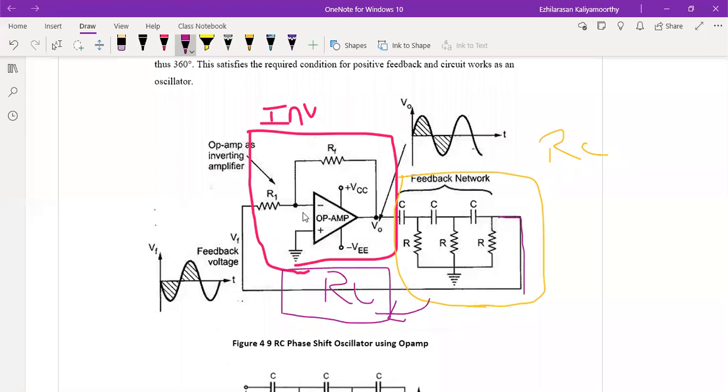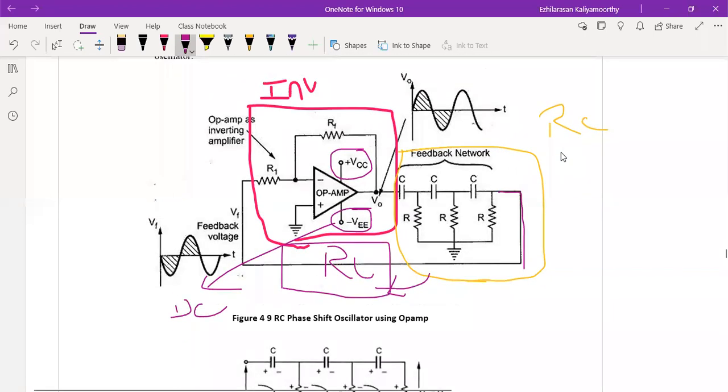After this, we have VCC, which is nothing but your DC. Due to this DC, it will oscillate. The input is given like this, and the output we get like this because of the inverting amplifier. But after entering the feedback network, it again gives a 180 degree phase shift, exactly.